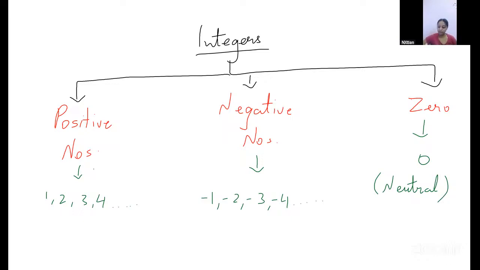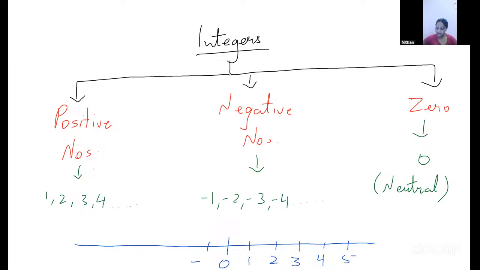If we make a number line, at the center comes 0. On the right side come the positive numbers such as 1, 2, 3, 4, 5, and so on. On the left side come the negative numbers like -1, -2, -3, -4, -5, and so on.